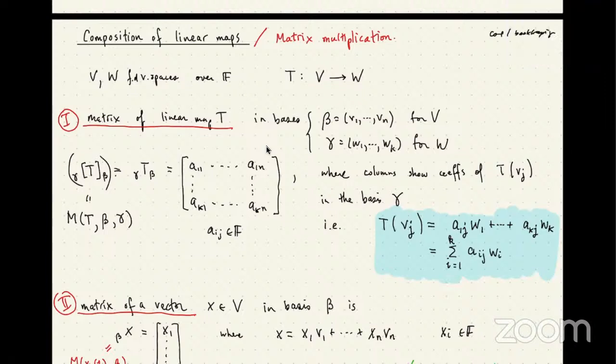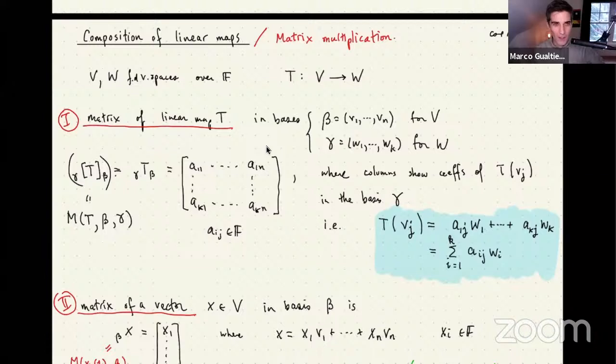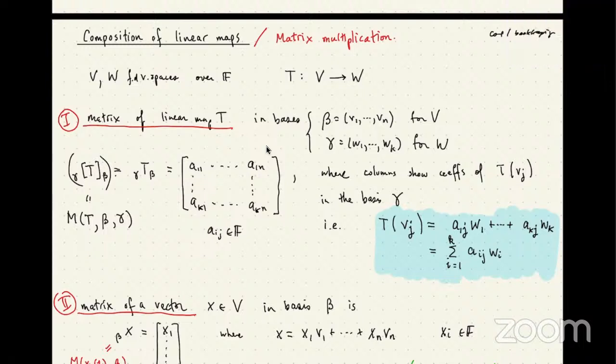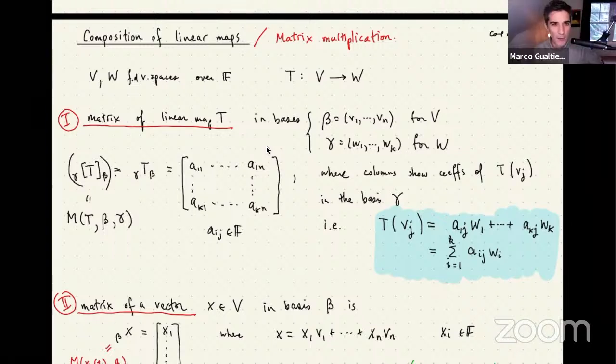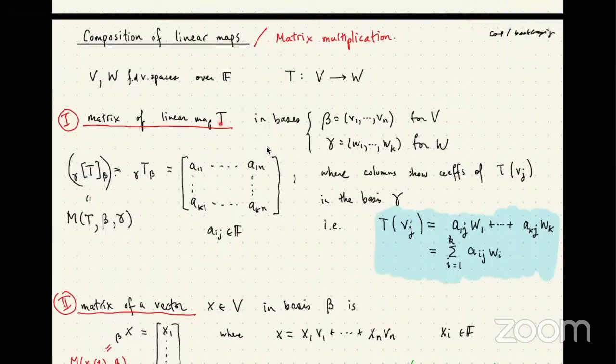Okay, so you're asking me, and you have to understand the reason that I'm going to make a big deal out of it is because you're asking me whether there's any connection between linear maps and matrices. So, of course there is. Okay, so the purpose of a matrix is literally to represent a linear map. Yes.